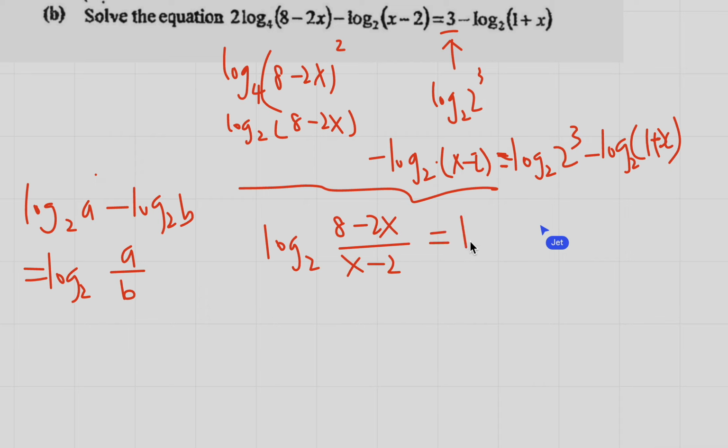Then this one will be equal to log 2 of 8 over 1 over x. Can you see you have log 2 on the left and log 2 on the right? So you can simplify it further and you end up with this. From here onwards, you just cross multiply and you will end up with a quadratic equation.